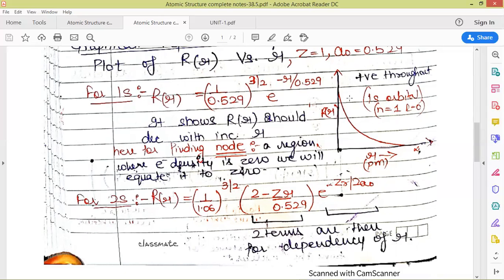So for the 1s orbital, whose radial wave function is equal to this, we have put the value of a0 and the value of Z, and we have plotted capital R versus r, and we have got this exponential curve which is at maximum at r equal to 0, decreases sequentially, and at infinity it becomes 0.